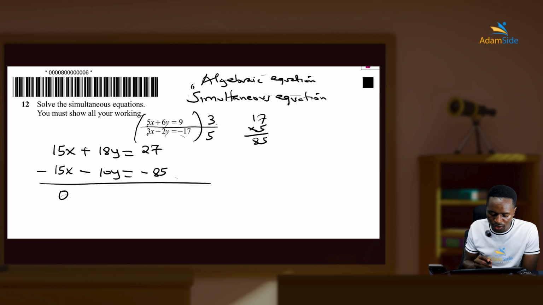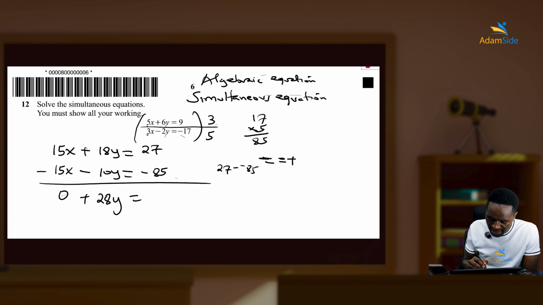Then subtract. 15x minus 15x is 0. 18y minus negative 10y, you get 28y, because when negative follows negative, the answer is positive. So it's plus 28y is equal to 27 minus negative 85.